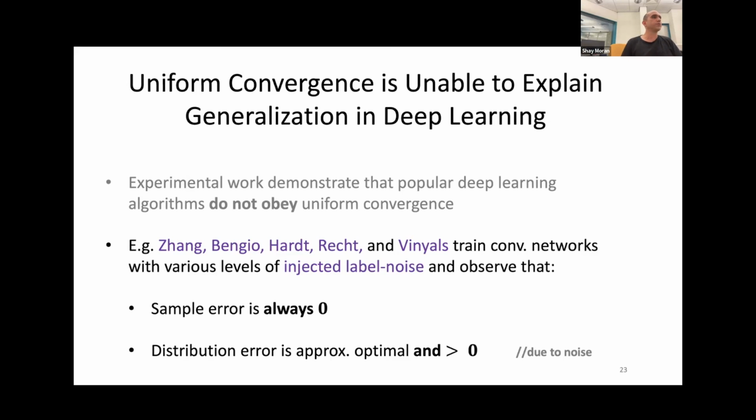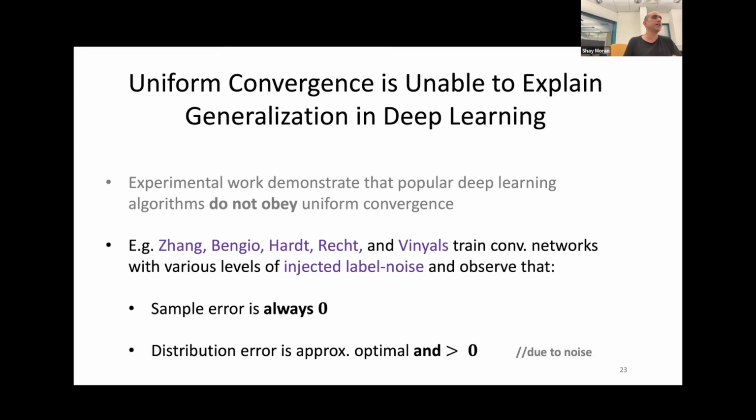The point is as follows. Traditional learning theory and statistics would tell you, look, what you want is to use models that are not too simple, because you want them to be expressive enough to express the learned function usefully, but you don't want them to be too complicated, because then you start to overfit.